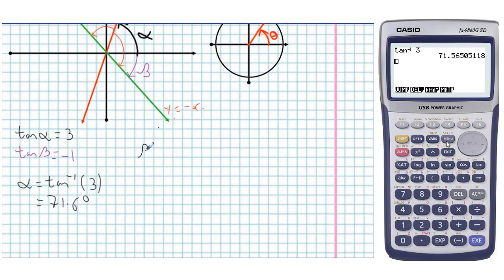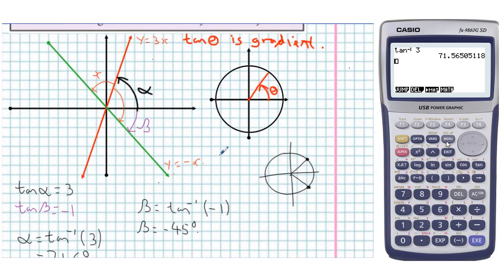Beta is going to be inverse tan of minus 1, which we could actually work out from the unit circle. You should know that tan 45 or pi by 4 is 1. So this angle here is going to be minus 45 degrees. Beta equals minus 45 degrees.